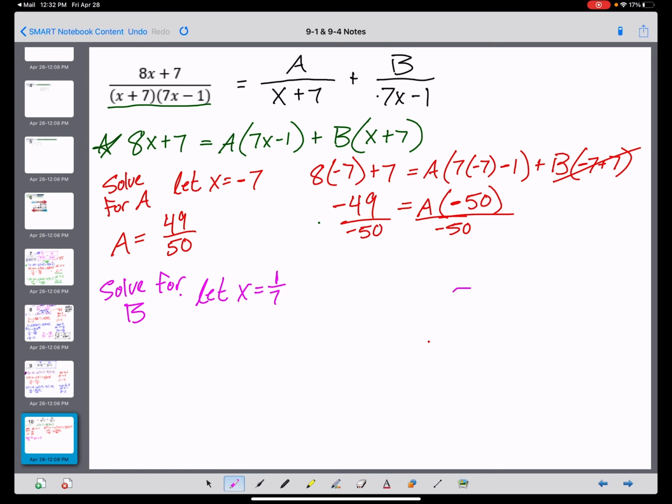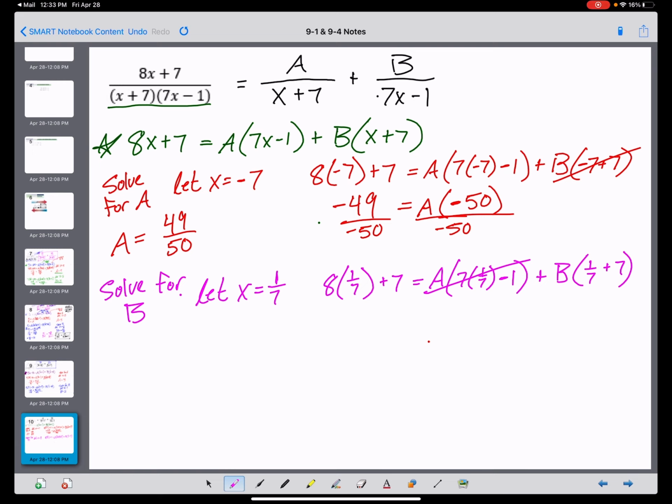So we say 8 times 1/7 plus 7 equals A times 7 times 1/7, right? 7 times 1/7 would be 1, and then I minus 1, and that goes to 0, plus B times 1/7 plus 7. All right, so this is going to go to 0 because we designed it to be that way. 8 times 1/7 is 8/7 plus 7, which would be the same as 49/7.